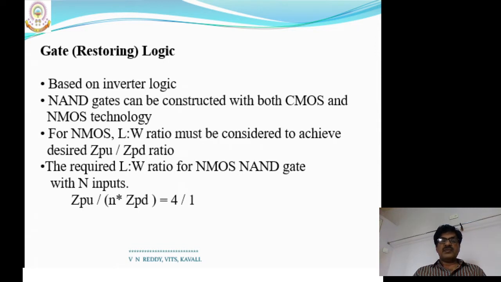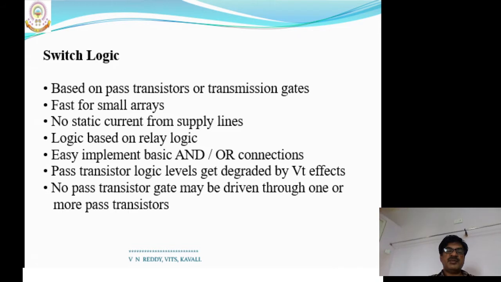But coming to switch logic, the basic one is using pass transistors or transmission gates. Okay, switch logic is based on pass transistors or transmission gates.